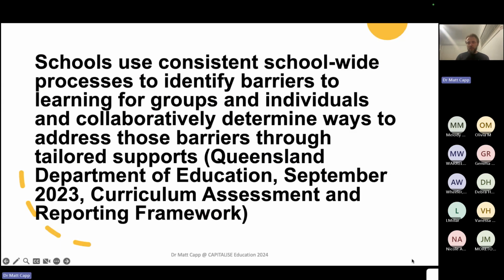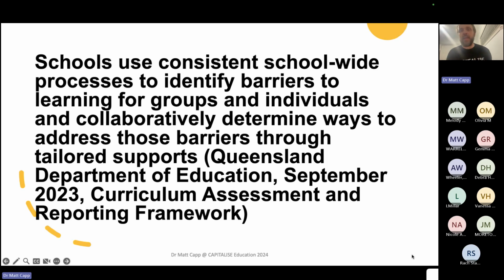This is an interesting quote that has just come out in the new CARF, the Curriculum Assessment and Reporting Framework that the Department of Education in Queensland uses, and it is encouraging schools to establish a whole consistent school-wide approach to identifying barriers to learning for students.